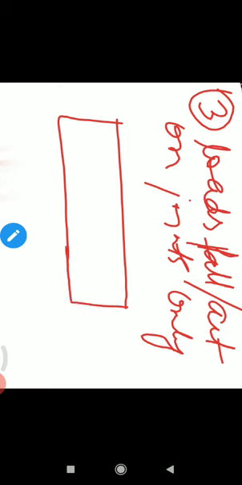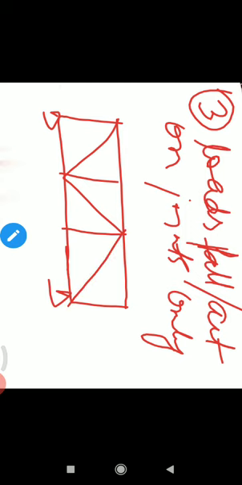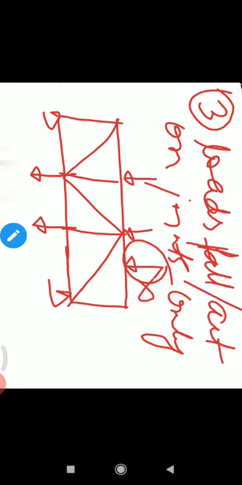If we have a truss structure like this and loads are falling on it, then it is considered that loads will act only at the joints, at every joint, and no load is supposed to act in between the members. Loads will always fall on the joints. This is the third assumption.